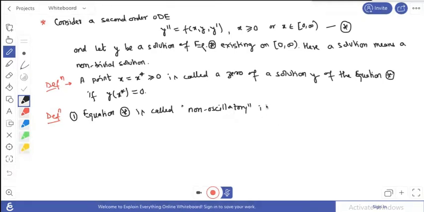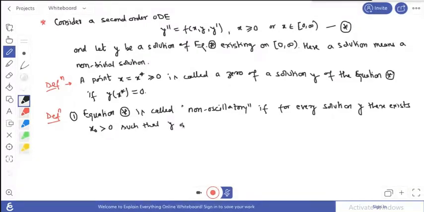if for every solution y there exists some point which belongs to that domain such that y does not have a zero, in the given interval, and that interval is x naught to infinity.